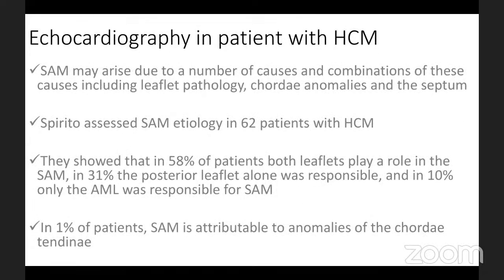So echo in patients with hypertrophic cardiomyopathy. Systolic anterior motion may arise due to a number of causes, and a combination of these causes include leaflet pathology, chordae anomalies, and the septum.